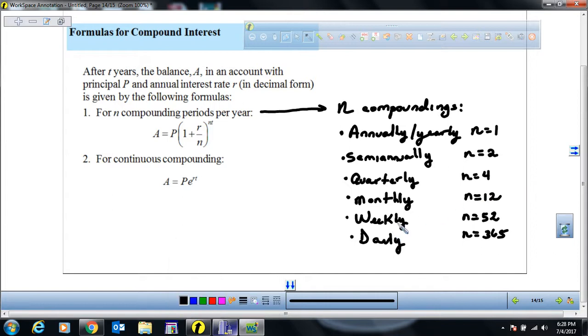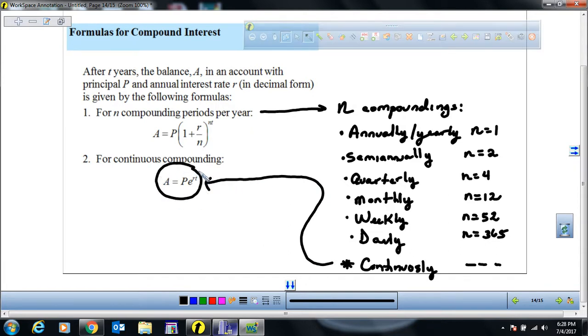Now, on another note, if the interest is compounded continuously, that basically means the interest is being generated or calculated all the time from the moment it was invested. So for that one, there is no value of n, and we use a different formula. This is the specific formula we use when the interest is compounded continuously.